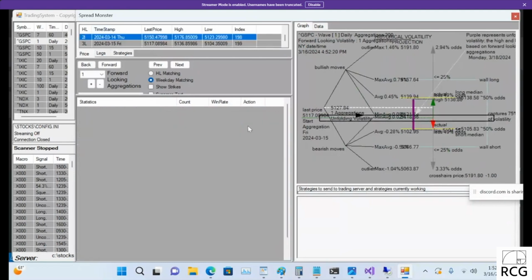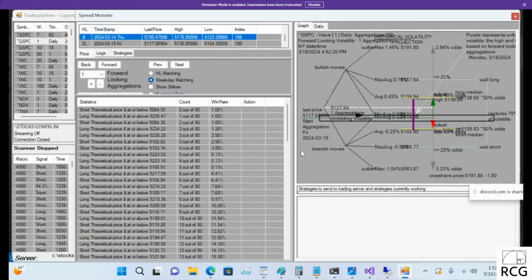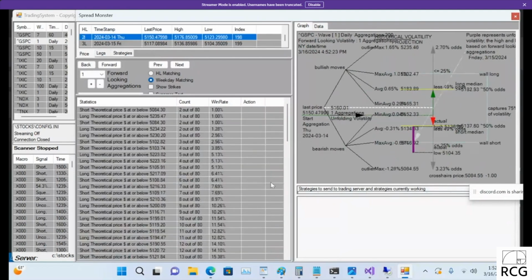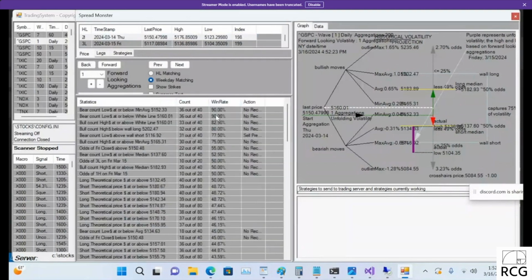I had a question about Thursday, the win rate versus the odds, and why exactly they were different. You were showing the wall long and the wall short, where it says 25%, but it's saying it has a 90% chance of being below.